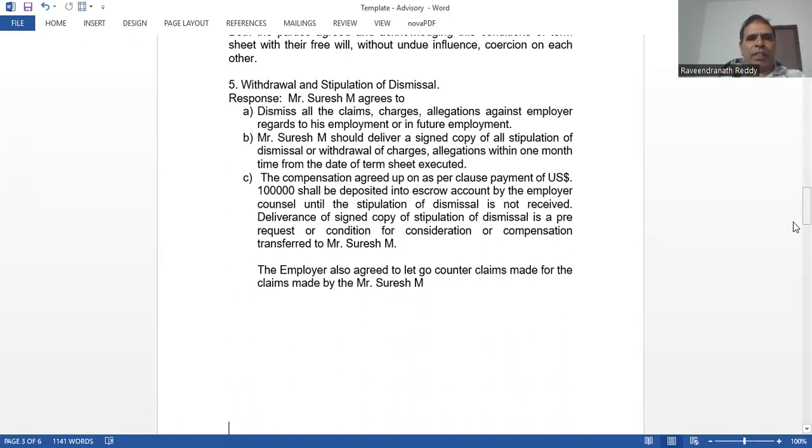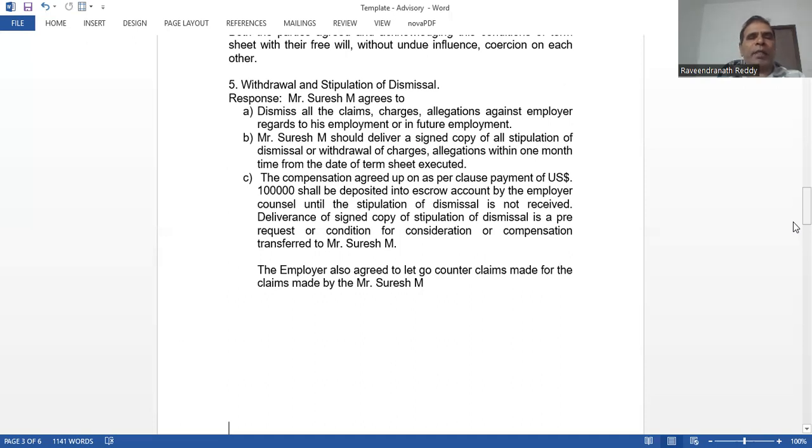The third one is the compensation agreed upon as per the payment clause: US dollars 1 lakh shall be deposited into an escrow account by the employer's counsel until the stipulation of the dismissal is received. Delivery of the signed copy of the stipulation of the dismissal is a prerequisite or condition for the compensation to be transferred to Mr. Suresh M. So what it says is, unless he hands over the signed copy of the stipulations of charges withdrawn or dismissed, the compensation agreed upon in the term sheet, that is 1 lakh US dollars, should not be transferred to his own account.